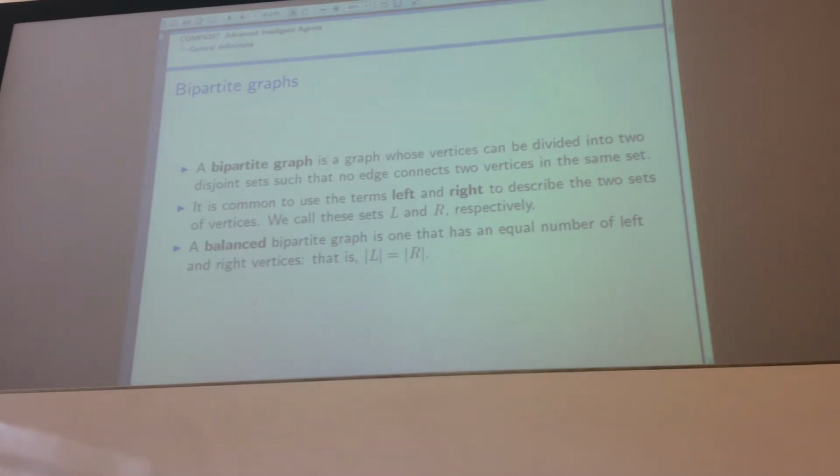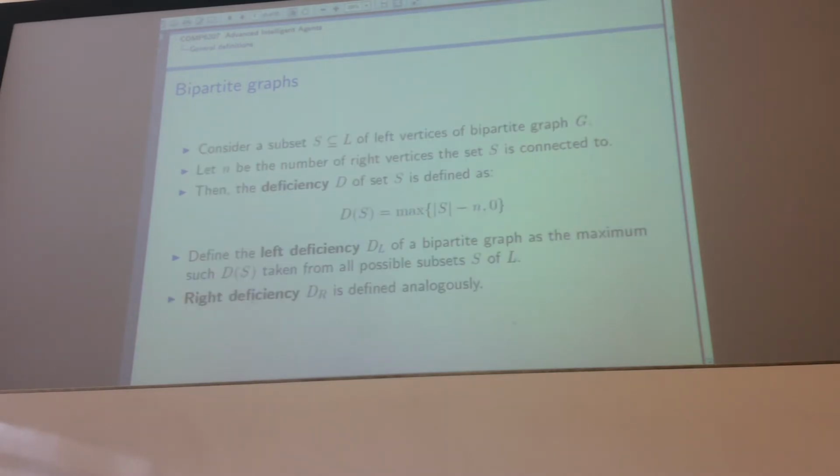And we would say that a bipartite graph is balanced if the sizes of these 2 subsets are equal. Okay, so if we have the same number of nodes on the left-hand side and on the right-hand side. So assume we have such a graph, and if it is not balanced, then we can come up with a measure of how much the graph is unbalanced.